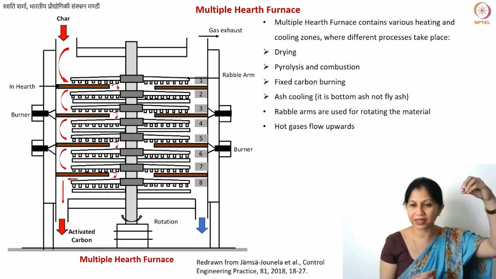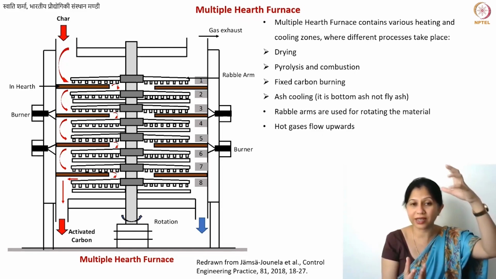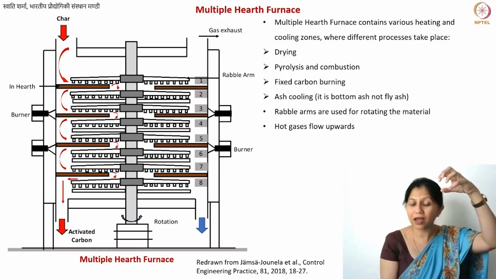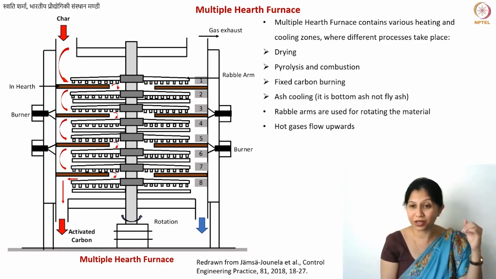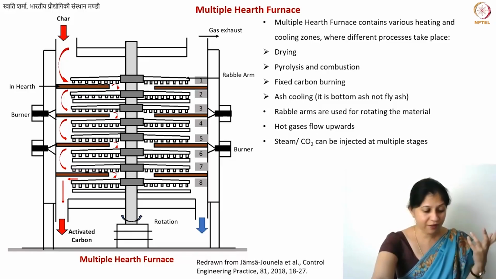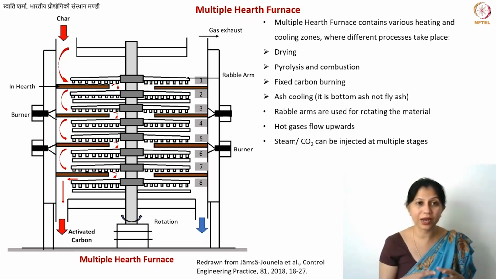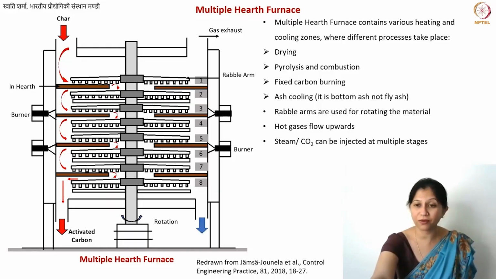So you have heat from one side and heat from the other side, again to ensure the same thing, that the material slowly goes towards the higher temperature. Okay. And then of course again you will have several injections where you can inject your steam or carbon dioxide. Also you will have some other outlets, some gas exhaust outlet. This gas exhaust, by the way, is also known as flue gas, the exhaust gases.